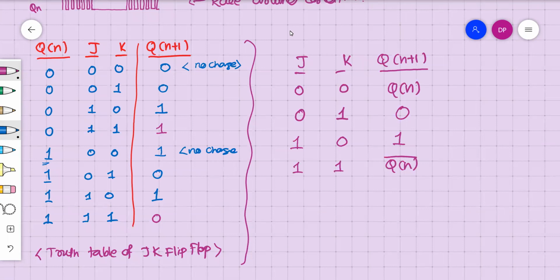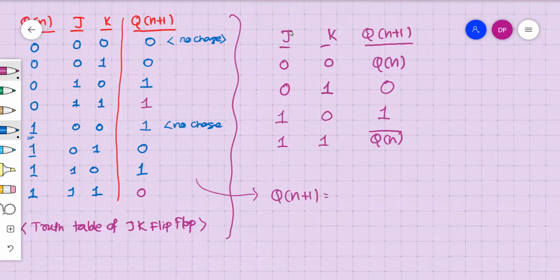Okay. So from this truth table, let's give an expression to Qn plus 1. From this truth table, what will be the expression for Qn plus 1? You can say we will take a 3 variable K map, isn't it? Let's take a 3 variable K map and express it.